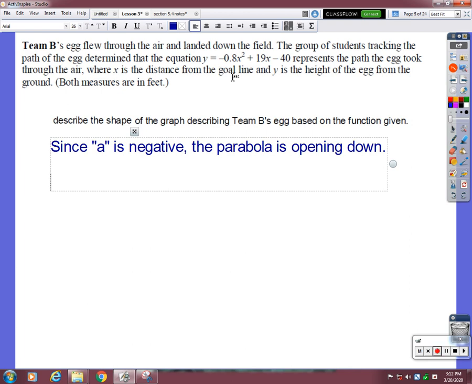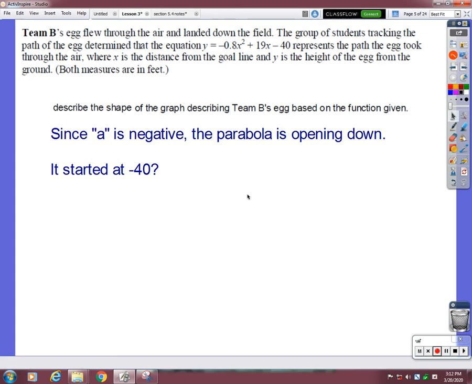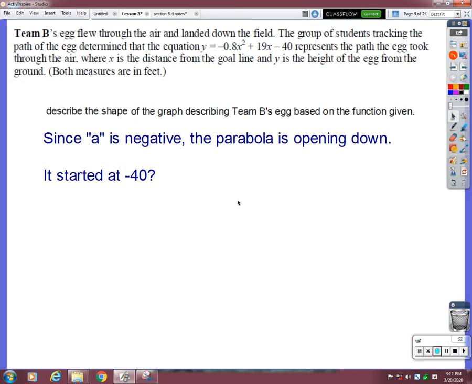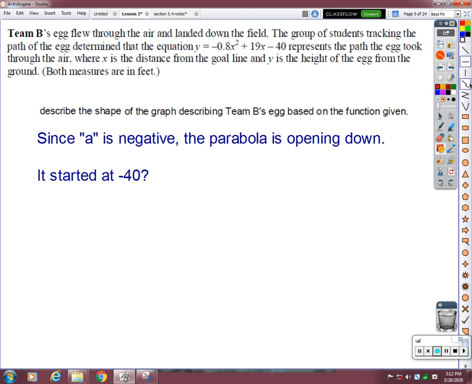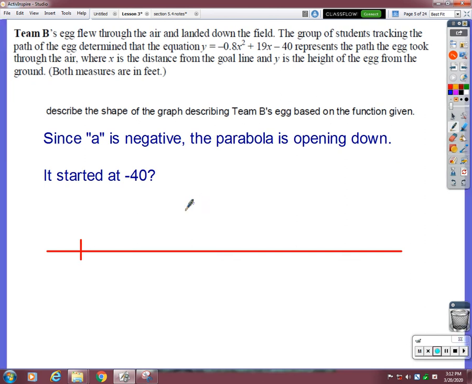What else do we notice? Really not much. Here's something weird. It started at negative 40. So that's strange. They obviously didn't launch their egg from 40 feet beneath the ground. And so what that tells me is, if this is our football field and this is the goal line, they must not have started at the goal line.